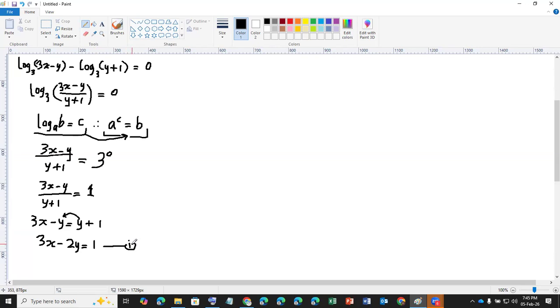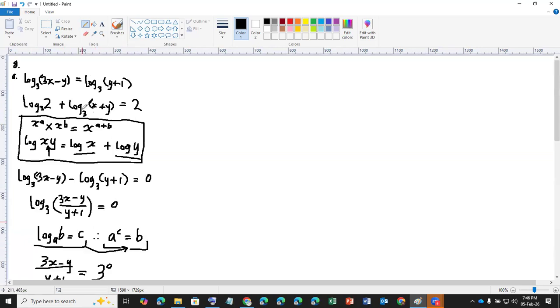So we're going to get equation 2 from the second one. We just finished dealing with this one, which gave us equation 1, and now let's take a look at this second one.